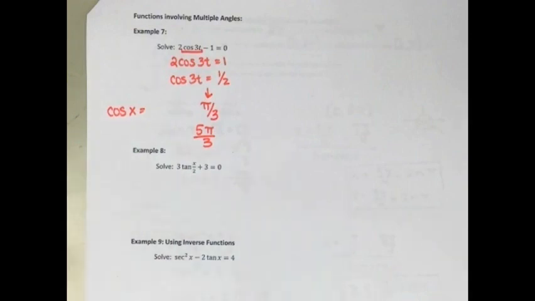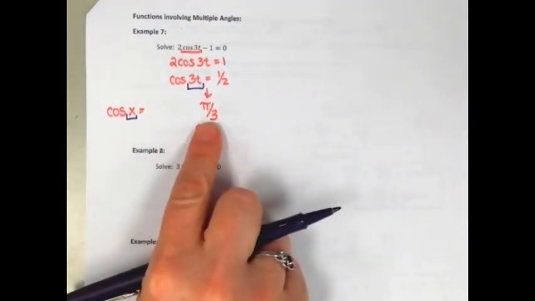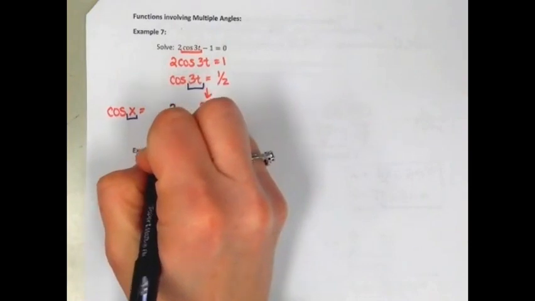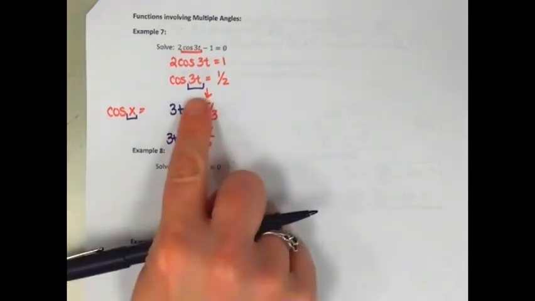We don't have just x now. We have what? 3x or 3t, right? So instead of saying x equals pi over 3, we're going to say 3t equals pi over 3, and 3t equals 5 pi over 3. You guys okay with that? Because normally we'd say x equals this, x equals that. But it's not x, it's 3t.